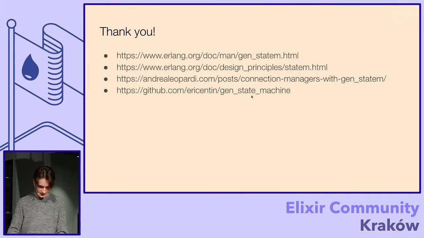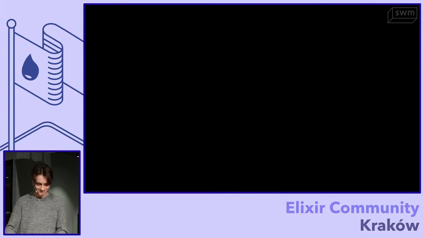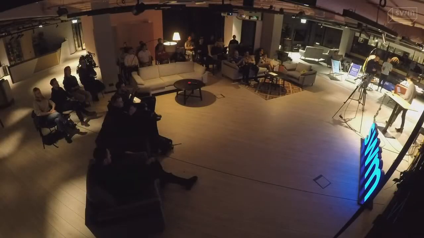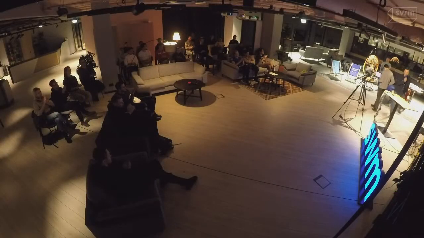And there is also, if you wanted gen state machine behavior for Elixir, where you can just put the countdown mode as a using macro option. So it's more idiomatic. I don't know if you prefer it. Okay, thank you. Thank you very much.